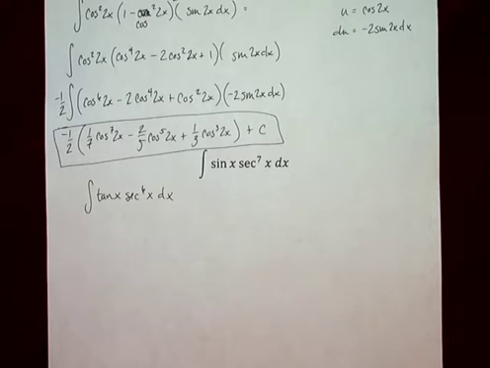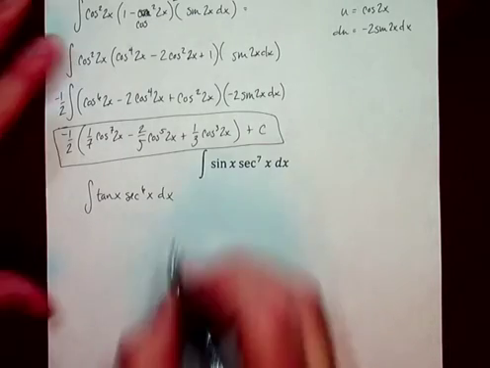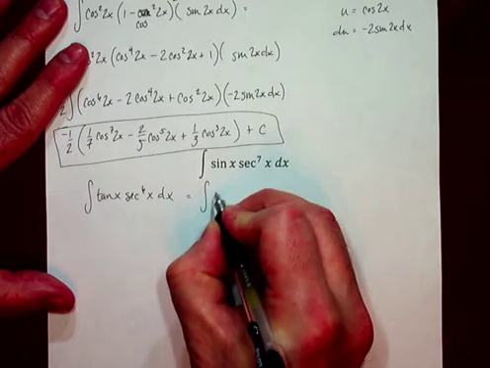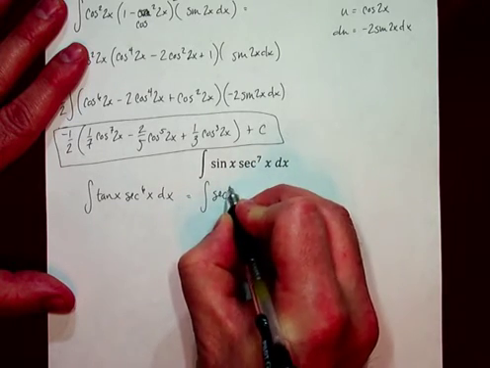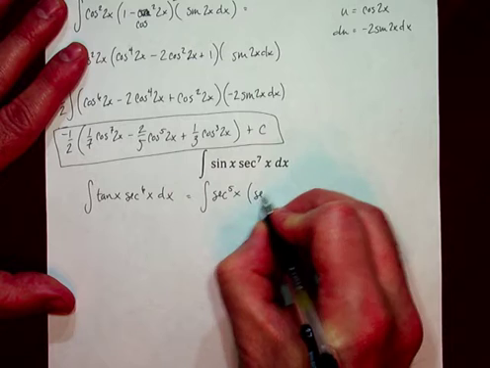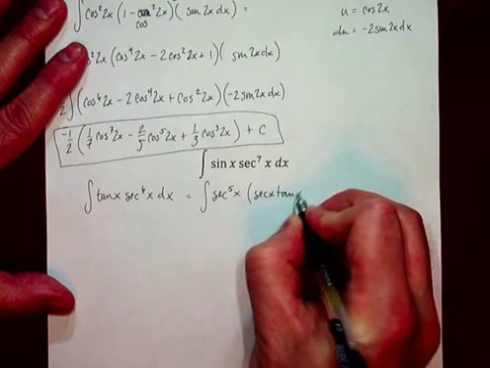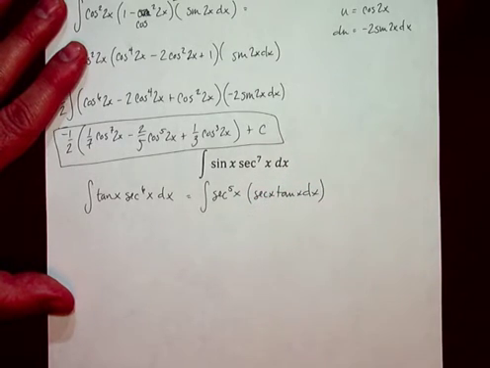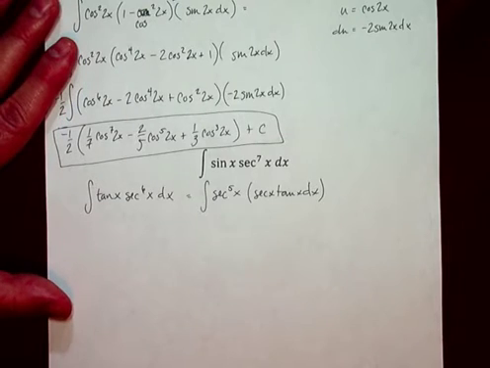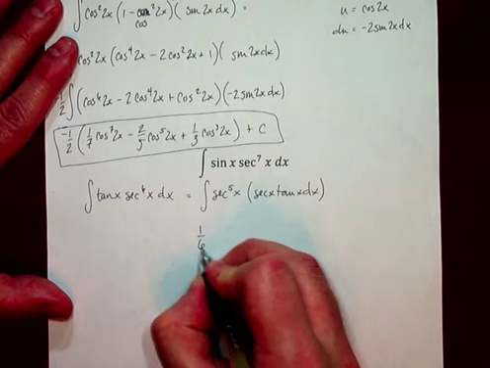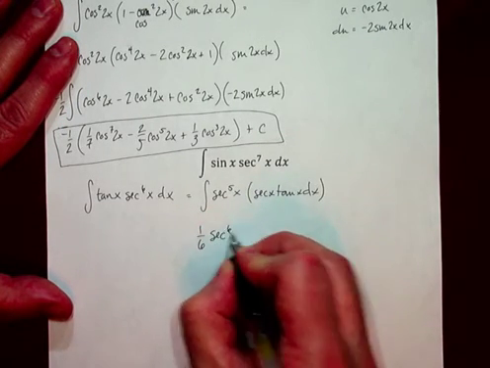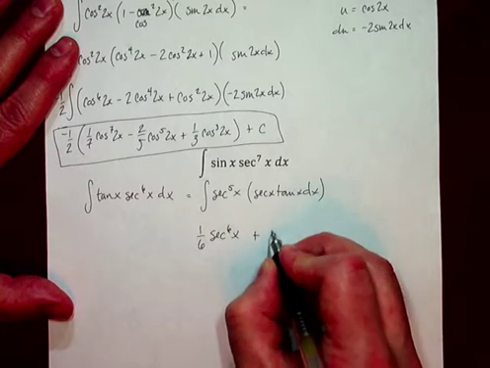Well, tangent obviously cannot be changed, but it can be pulled out as part of my du. And now I have u to the 5th du. And that means I have 1/6 u to the 6th plus c.